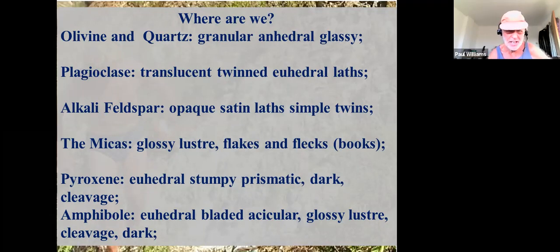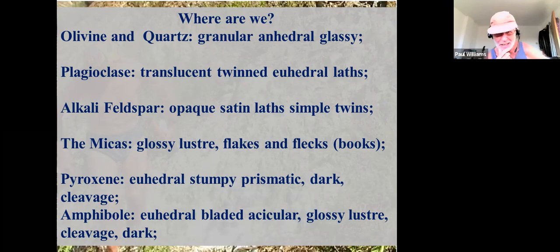We looked at plagioclase, and we recognized these euhedral, so it's good crystal shape, but lath-shaped crystals tend to be translucent. I remember the thing we said with plagioclase related to color. There's not much you can say about the feldspars generally, but the one thing you can say is plagioclase is never pink.